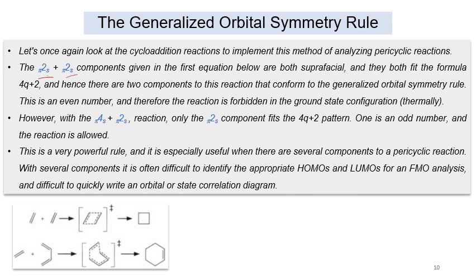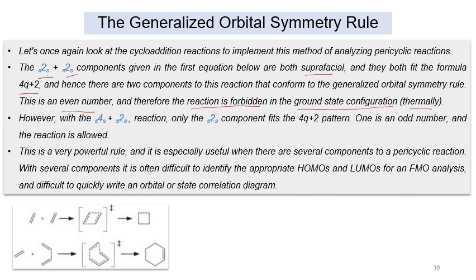Both are suprafacial, involve 2 electrons each, and they both fit in the formula 4q plus 2, that is suprafacial where q is equal to 0. Hence, there are two components in this reaction that conform to the generalized orbital symmetry rule. Now, 2 is an even number, therefore the reaction is forbidden in the ground state.